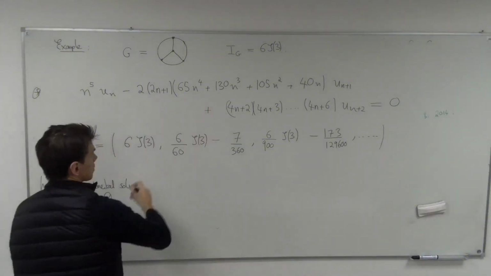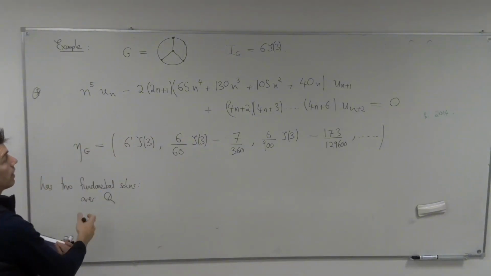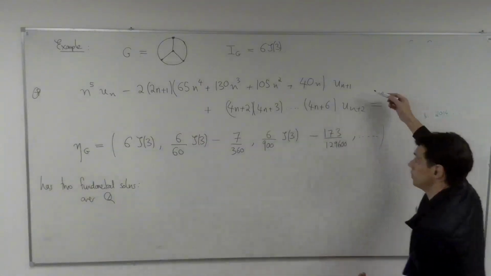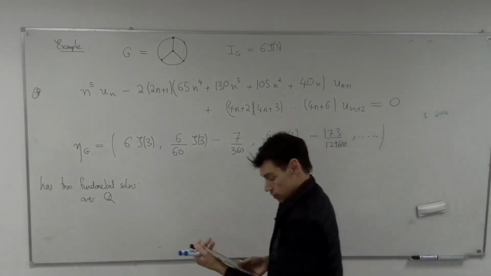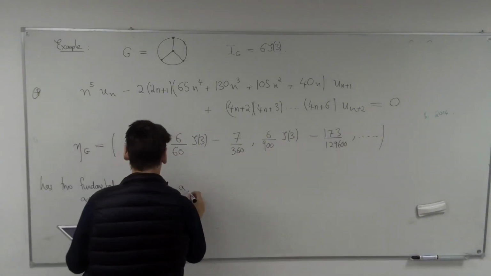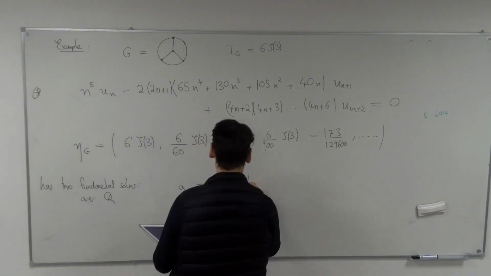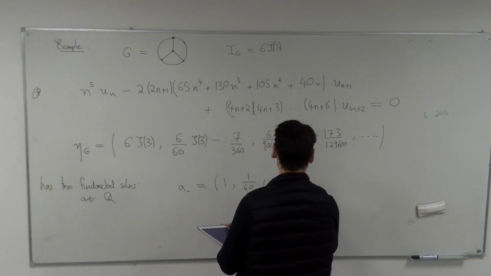So it always has a vector space. It's of degree 2, so it has a vector space of dimension 2 of rational solutions. Why? Because I can just put the initial values 0, 1 and 1, 0. So the first solution, we can just take the coefficients of 6 zeta 3, 1, 160 over 900.